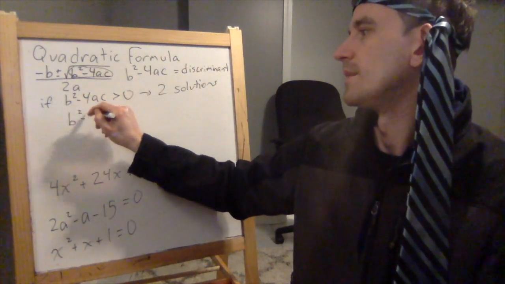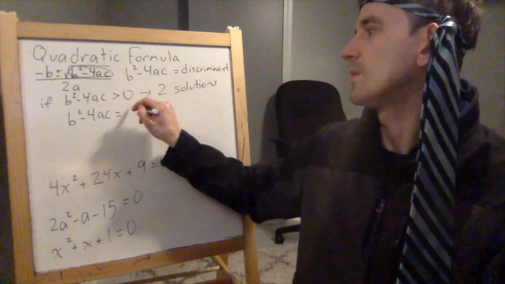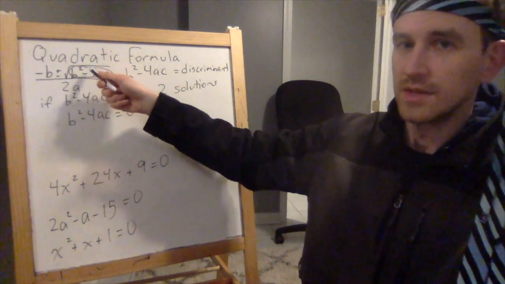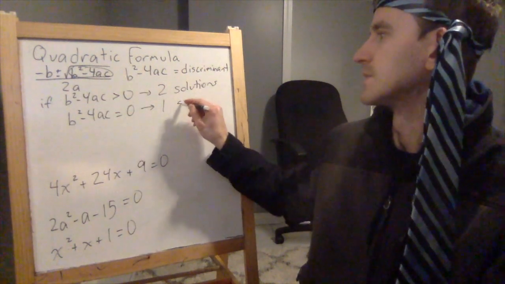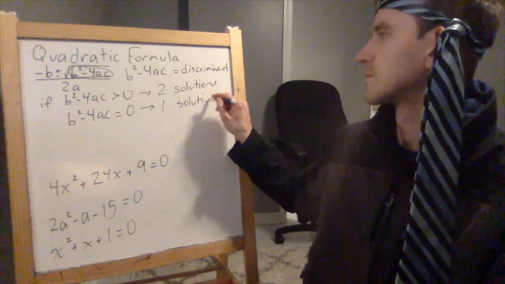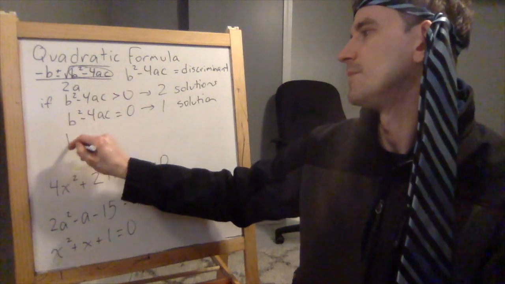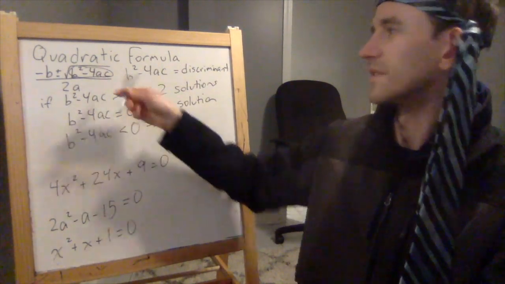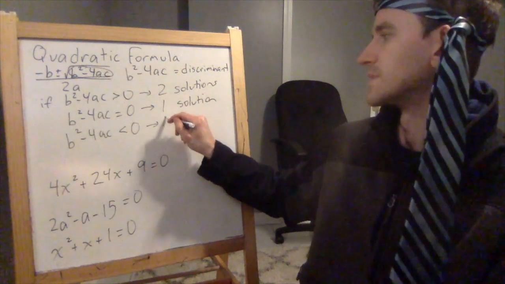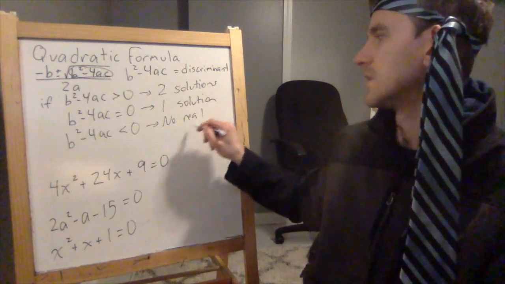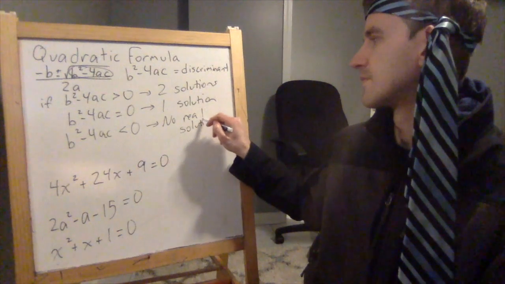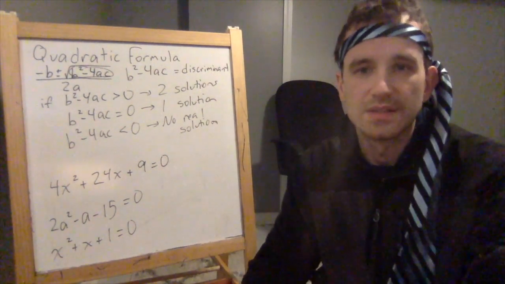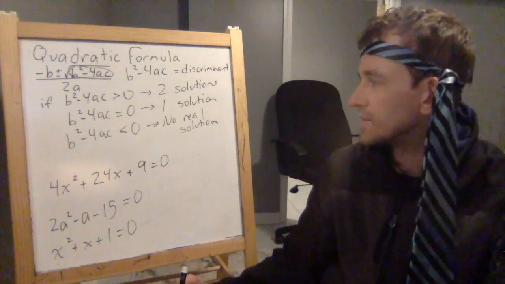If b squared minus 4ac equals 0, well, then you'd have plus or minus 0, which just leaves you with 1 solution. And if b squared minus 4ac is negative, then you're getting a negative under the root. So just like we saw in the last example, that means there is no real solution. So you can just look at the b squared minus 4ac to tell how many solutions a quadratic has.